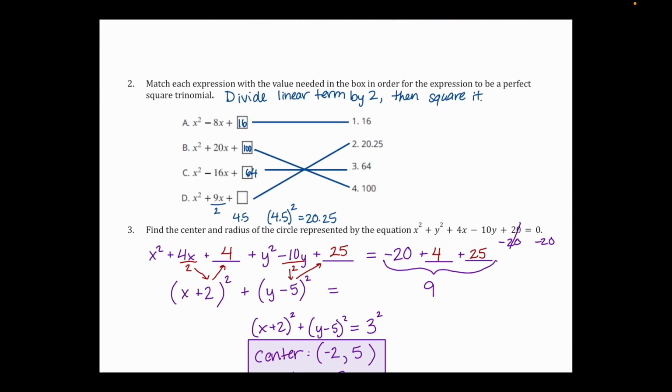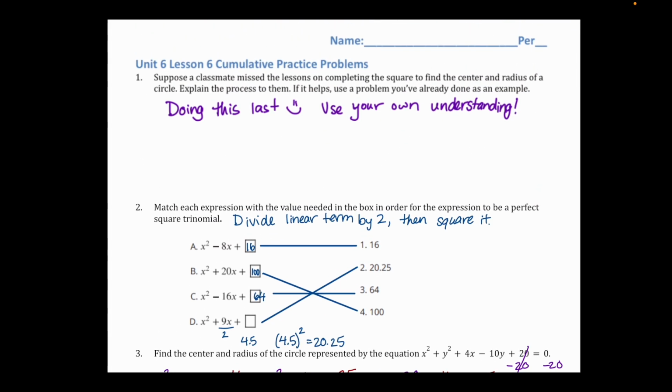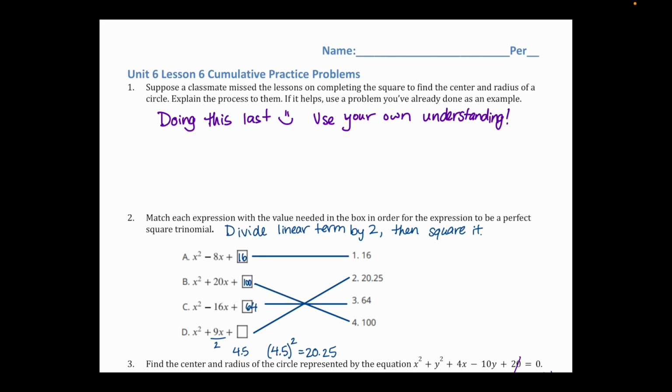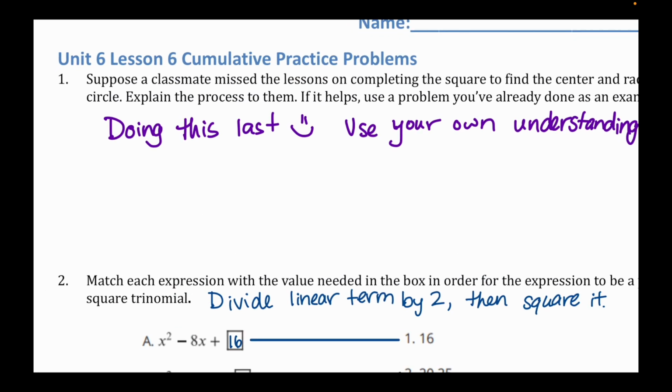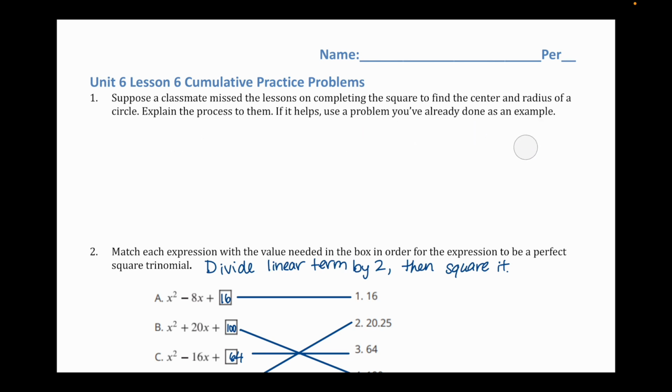I might use some of my information from this one maybe. So this was just on completing the square to find center and radius. So let's erase this part now and go and write some explanations.